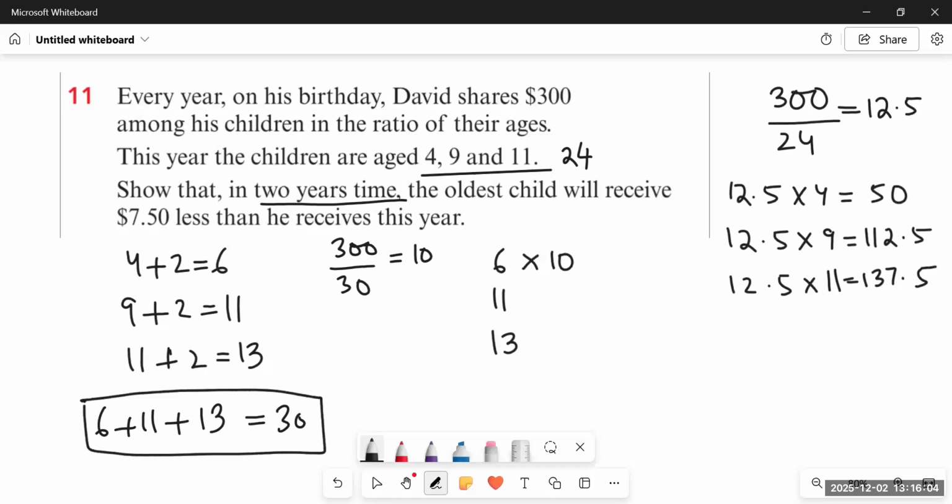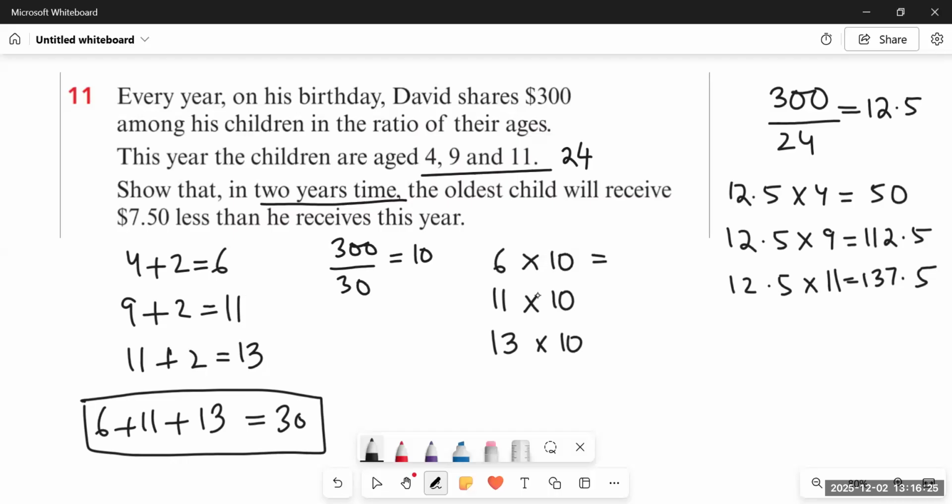So each unit would be $10. The youngest one will get 6 multiplied by 10, the middle one will get 11 multiplied by 10, and the oldest one will get 13 multiplied by 10.